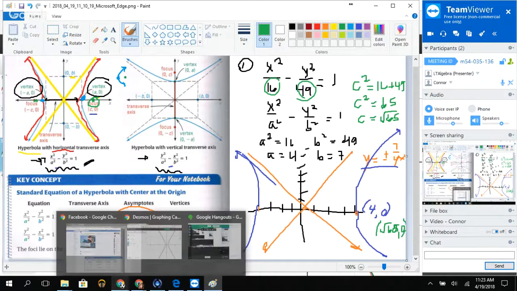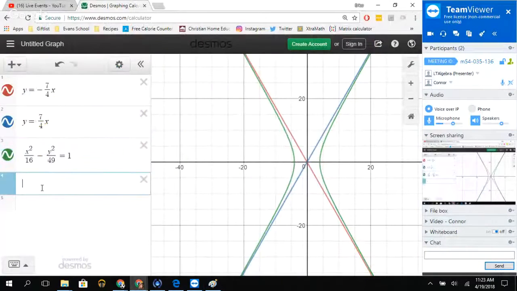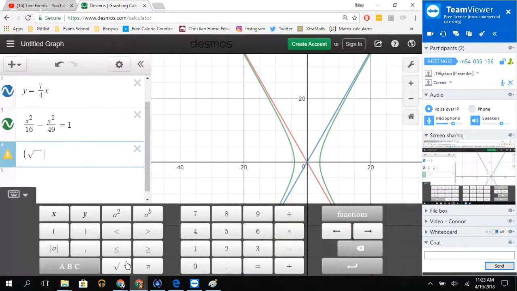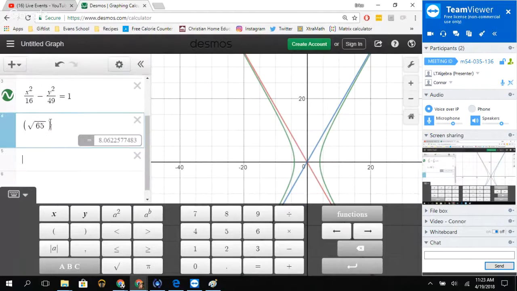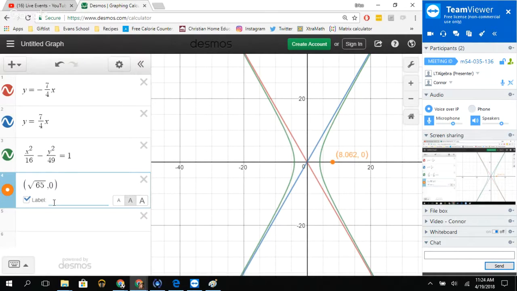So if I want to go back here, my focus points are at square root of 65, comma 0. Oh, I can even label it. Focus point.